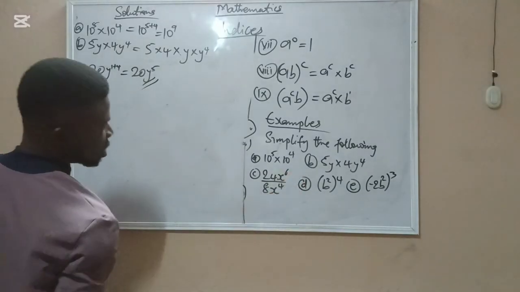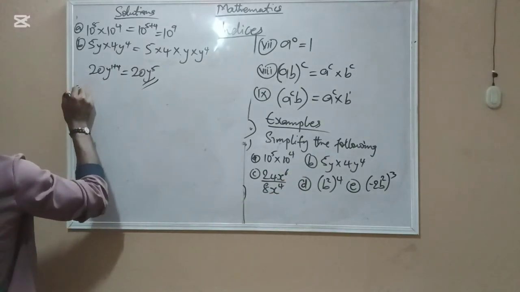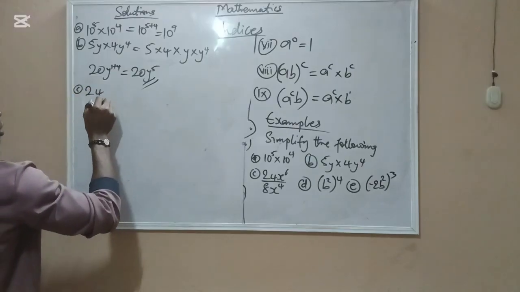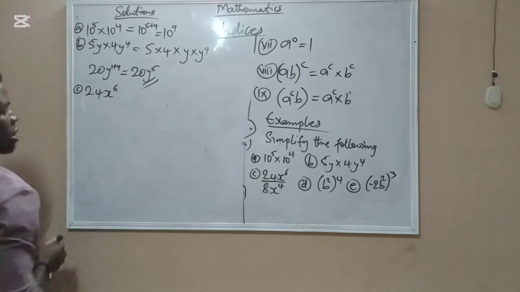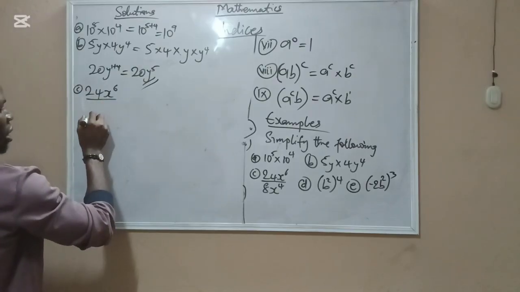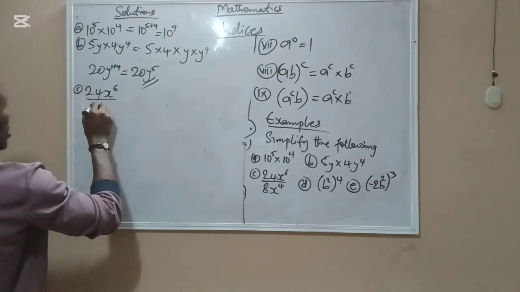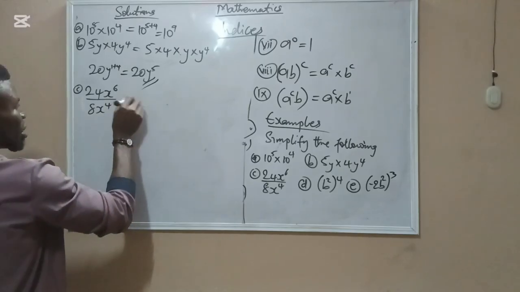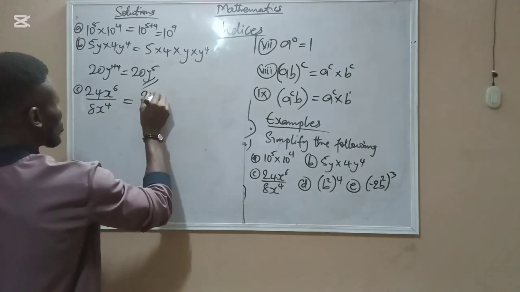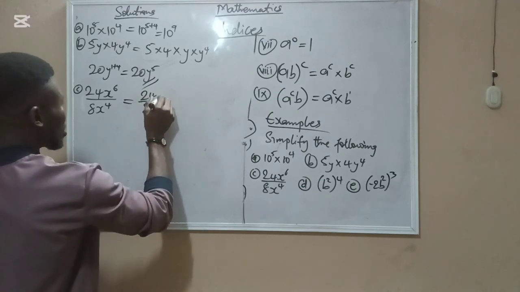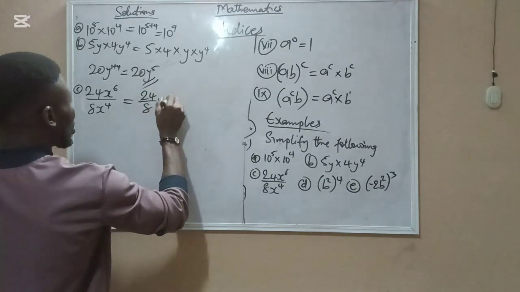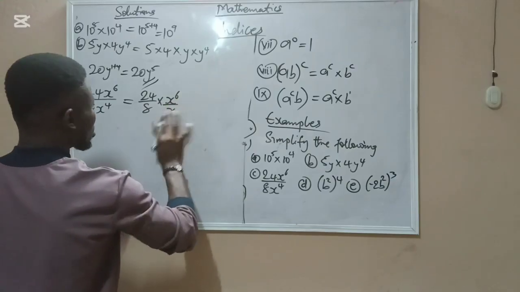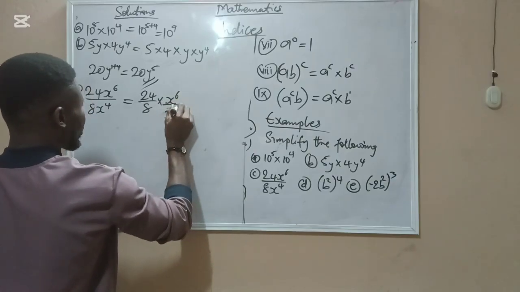Now, another one there, which is C, says 24x^6 over 8x^4. Now, this is the same thing as 24 over 8, then multiplied by x^6 over x^4.